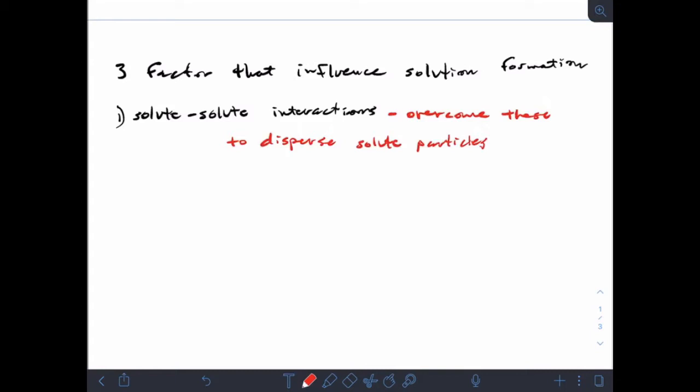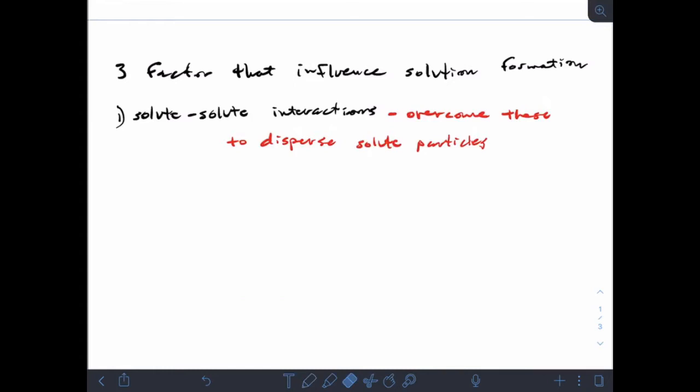Meaning that the solute particles themselves are stuck together before they're mixed with the solution. So in order to make a solution, the solute particles have to be able to come apart from each other in order to disperse throughout the solvent. So we have to overcome solute-solute interactions in order to make a solution.